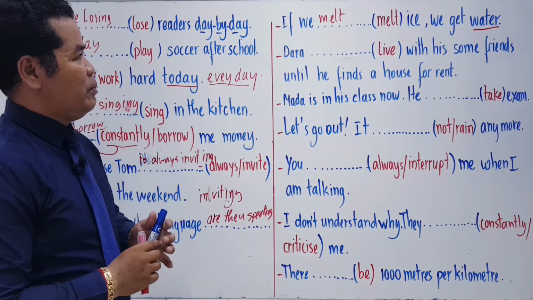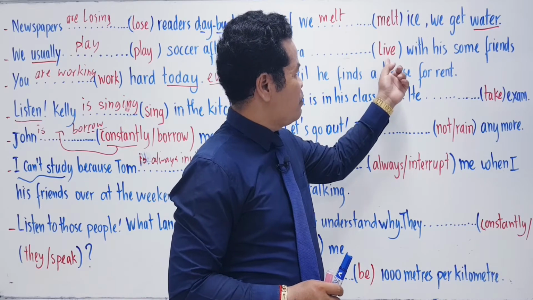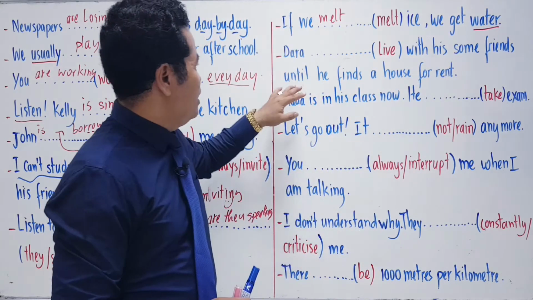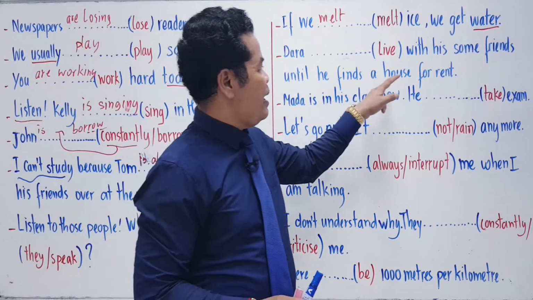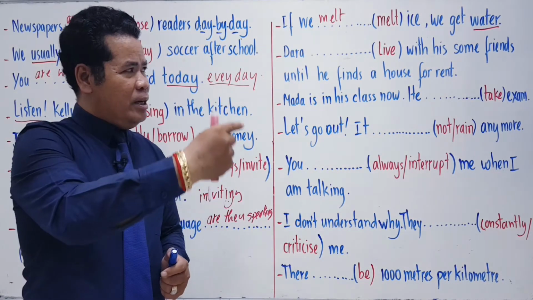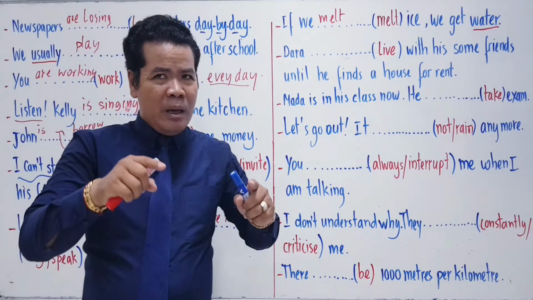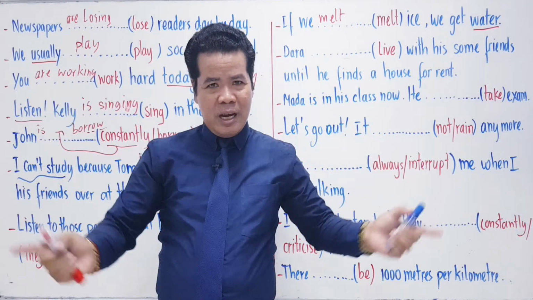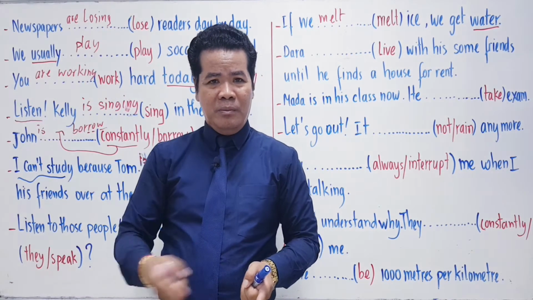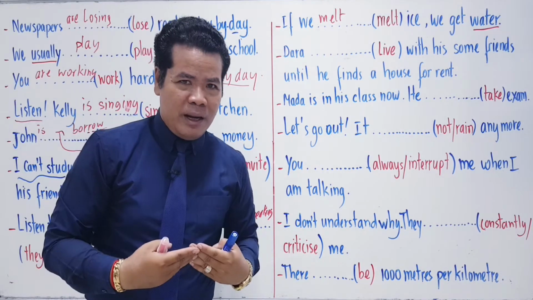Look at another example. Dara blank live in brackets with some friends until he finds a house for rent. I mean, during this period of time, Dara is living with some friends.